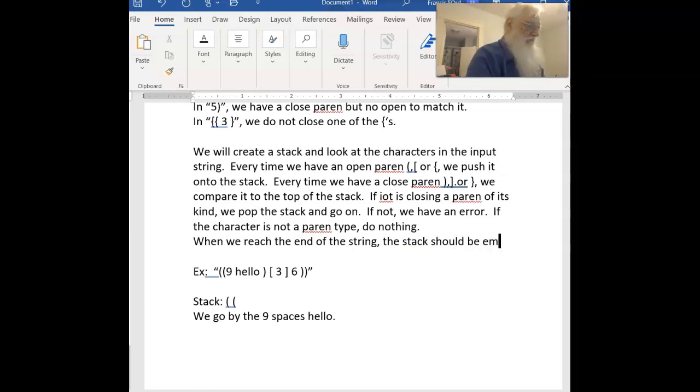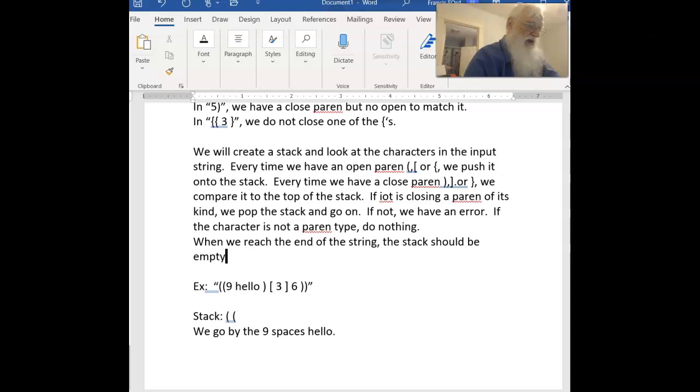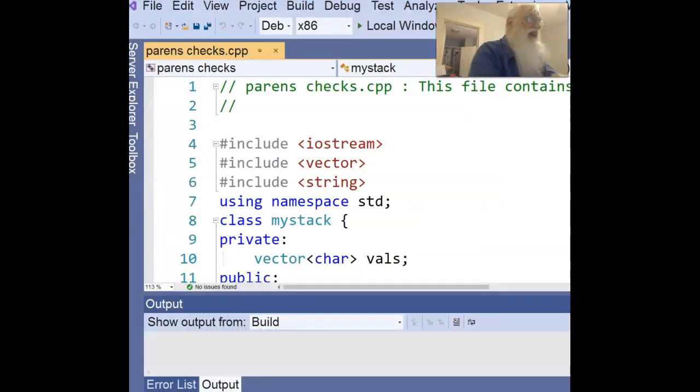It should be empty. Now that's in the book, but I think they do it in a more formal way. I thought that we could get away with doing it this way. So I'll bring that back up.